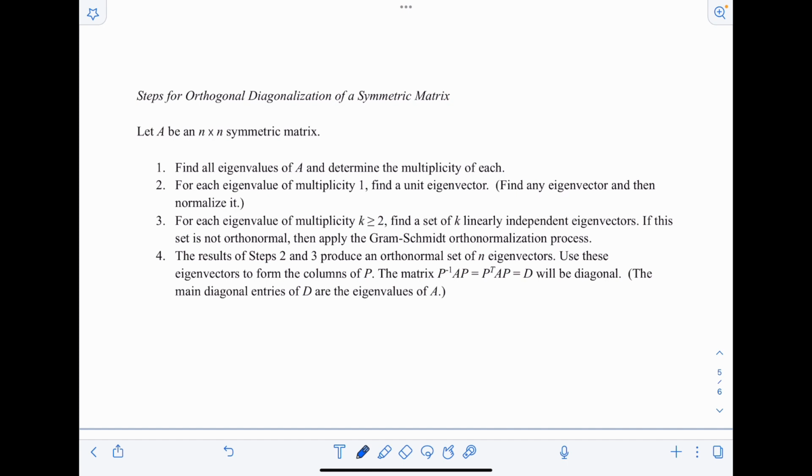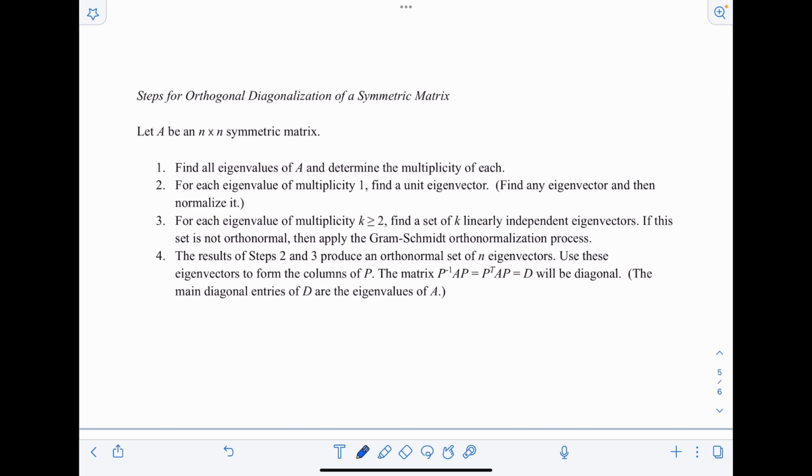First, we find the eigenvalues like we always do using the characteristic polynomial and determine the multiplicity of each. Then for those with multiplicity 1, we find the unit eigenvector. Obviously, if it has multiplicity 1, there's only one eigenvector. Once we find that, we normalize it, transforming it into a vector of length 1. For anything with multiplicity greater than or equal to 2, we do basically the same thing.